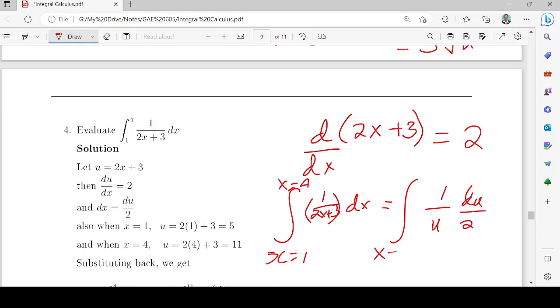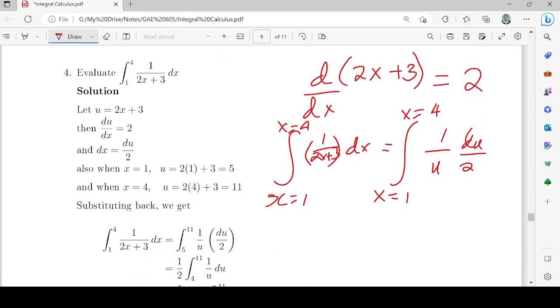But the limits for x are x is 1 to x is equal to 4. Now, notice that here, we are integrating with respect to u. We have a function of u, but the limits of integration are in terms of x. So instead of integrating and then substituting back u in terms of x so that we can input the limits, we can also change the limits of integration from x to u.